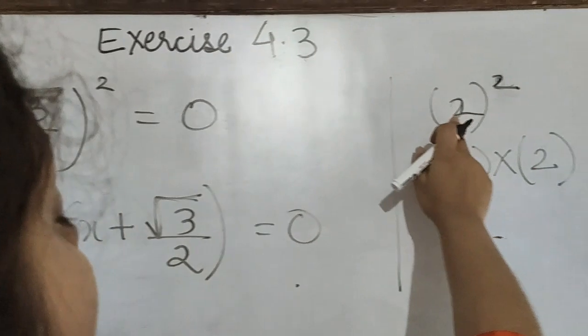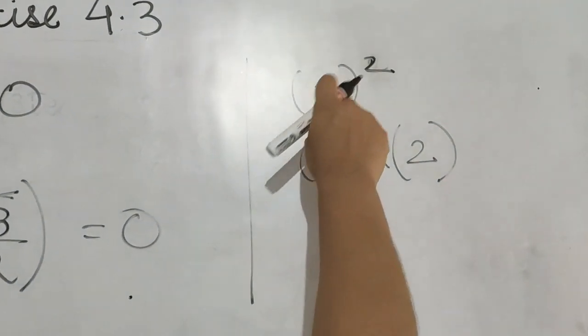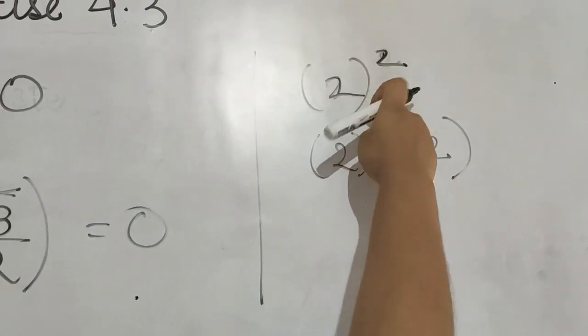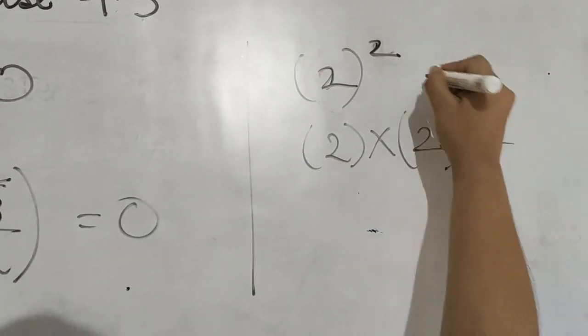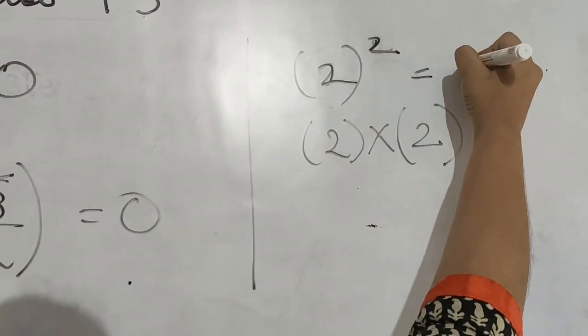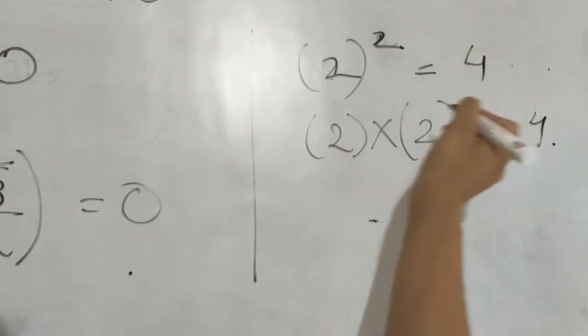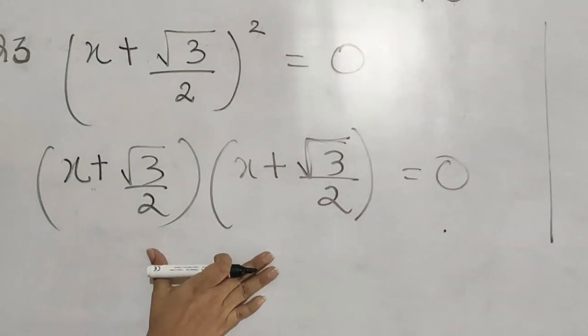See children, if I tell you to find out 2 whole square, so this will be how much? This 2 you can write as 2 into 2, isn't it? Eventually 2 square is 4, 2 2s is 4, you will get the same answer. So similarly I have done this step over here.